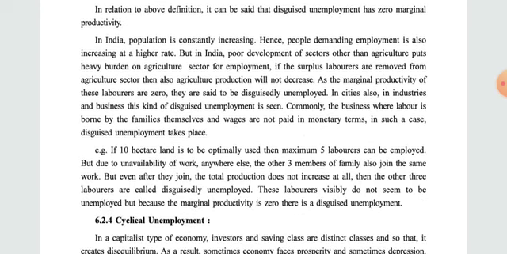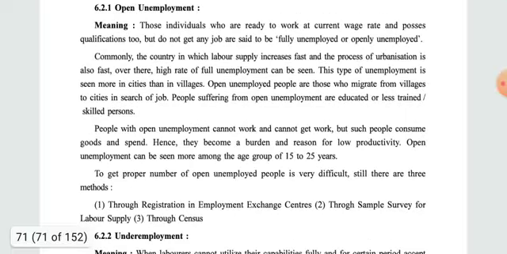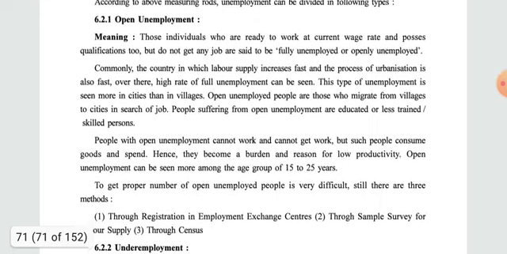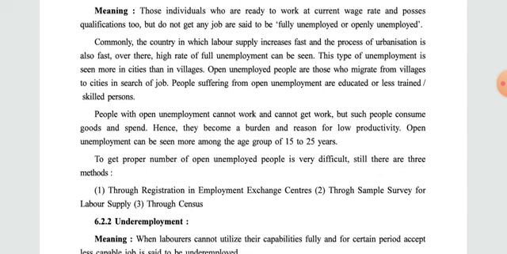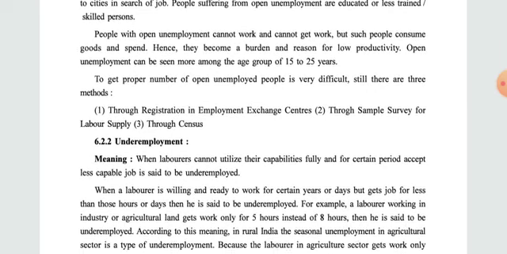So here we are concluding this topic and this session 2 for today. We have discussed the 5 types of unemployment in this topic. First, where people are ready to work at the current wage rate and possess the qualification, but do not get a job, are said to be fully or openly unemployed, and it is a characteristic of a developing country.